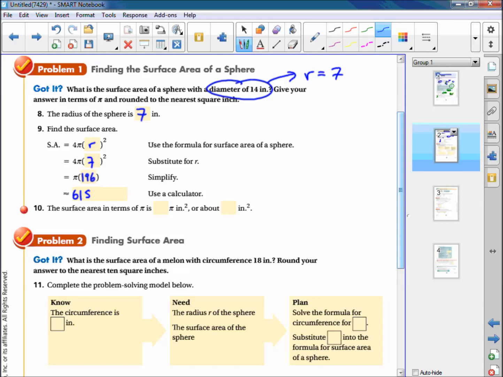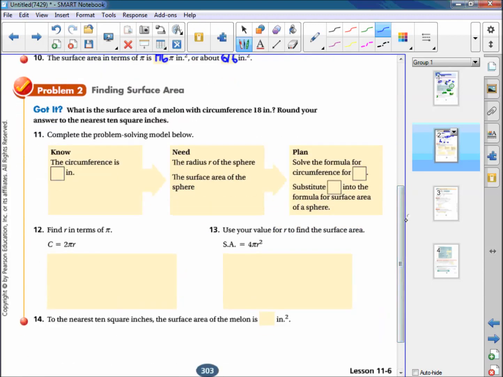It's going to turn into about 615.752 and keep on going. So we're down here. The surface area of the sphere in terms of pi is 196 pi, which is about, to the nearest square inch, 616 inches squared.